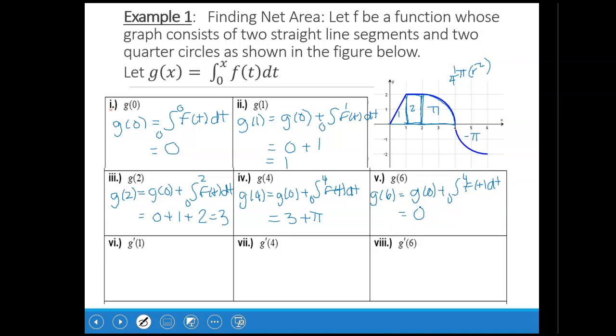But we know that the integral from 2 to 4 and 4 to 6 wipe each other out. So this is really the same as the integral from 0 to 2, which means it's going to be plus 2 plus pi minus pi, or simply 2.